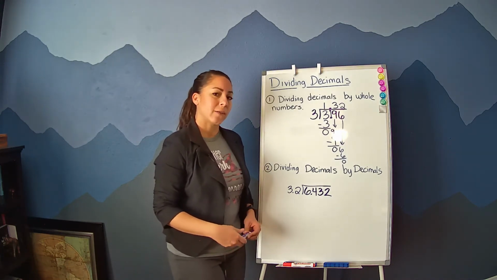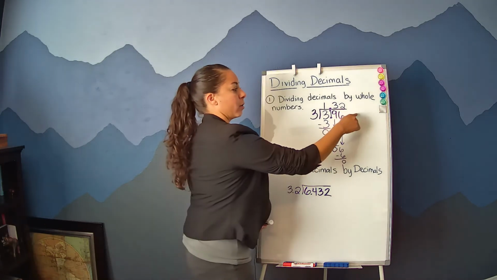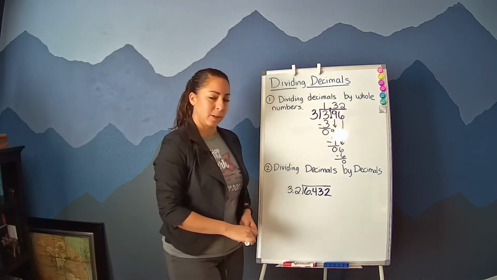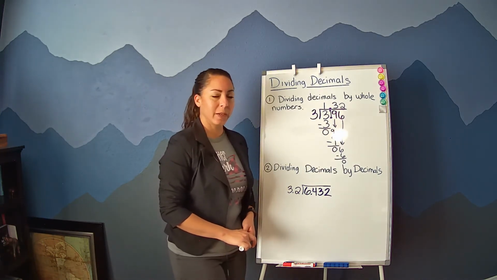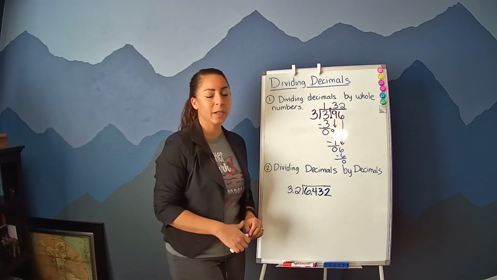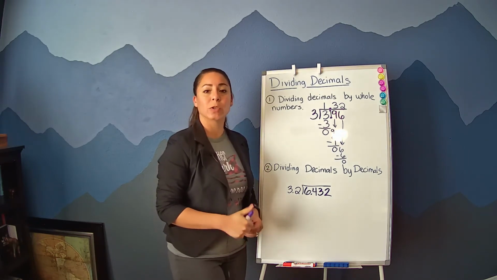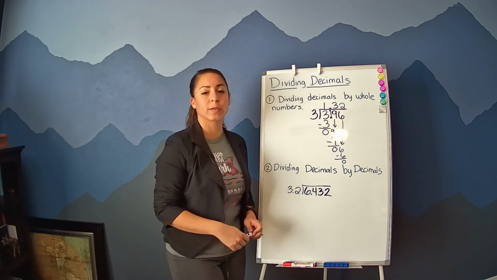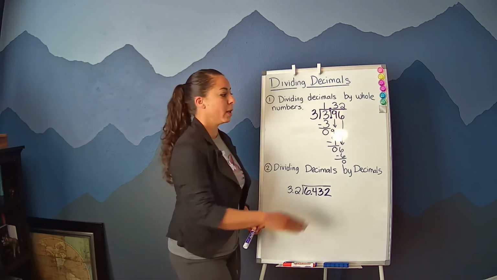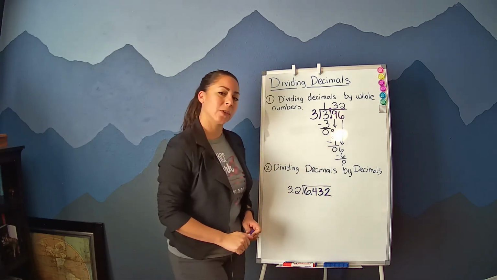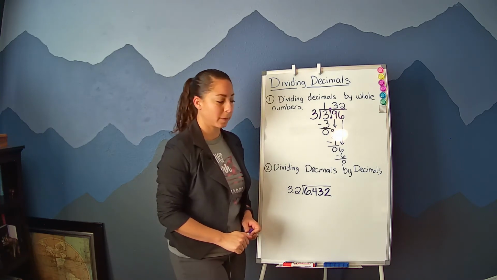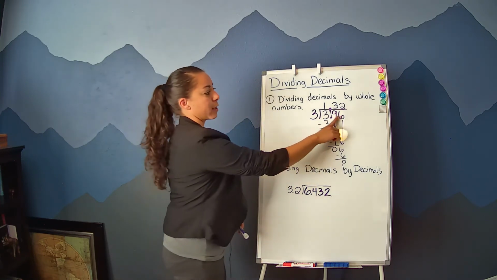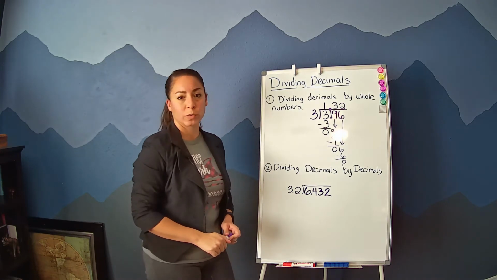You shouldn't have any remainders, or if you do, you need to continue to add zeros. I don't believe that will be in our homework. If it does, ask me maybe during homework hour, and I can help you with some of those that are a little bit more difficult. But I believe these are the problems that we're going to have on our homework, so I'm just going to go over these types. That is our answer there, 132.